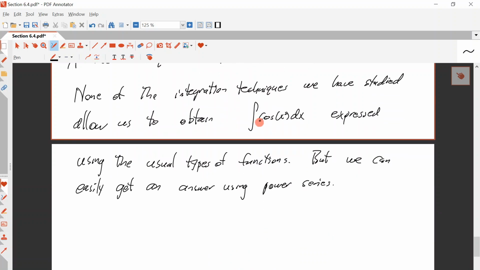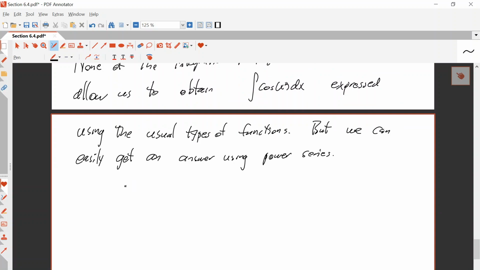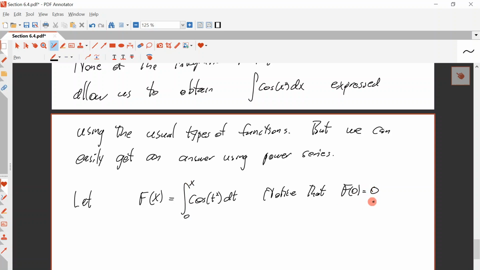Okay? We know that let F(x) equal the integral from 0 to x of cosine t squared dt. Notice that F(0), the integral from 0 to 0, is 0.